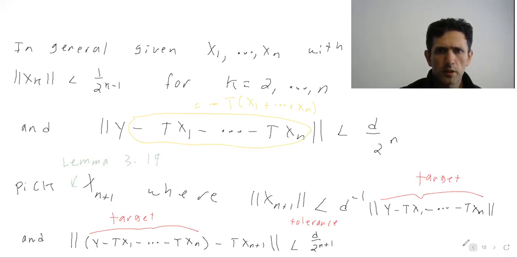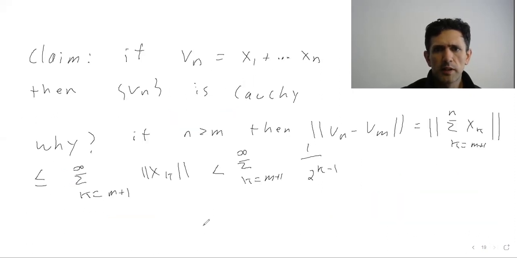The norm of x_k is less than 1 over 2 to the k minus 1. And just pull out the 2 to the m, and you get this is equal to 2 to the minus m plus 1. And that proves the claim. As long as n is bigger than m, this here is less than 2 to the minus m plus 1.